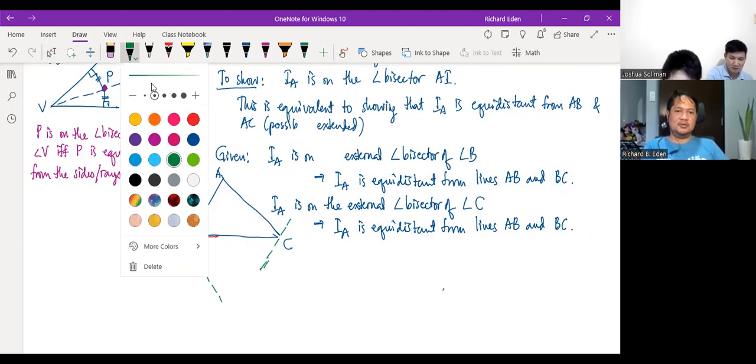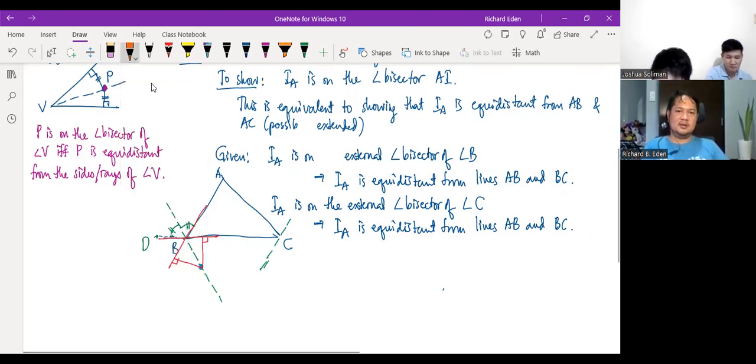Let's use a different color. So therefore, it is equidistant from AB and AC and also BC at the same time. So therefore, it is on the bisector. Nice. It proves it.